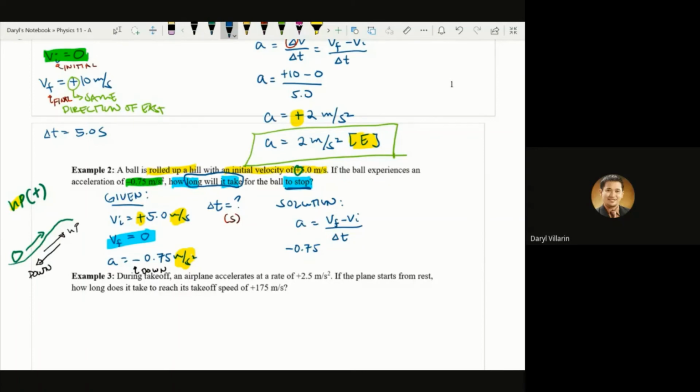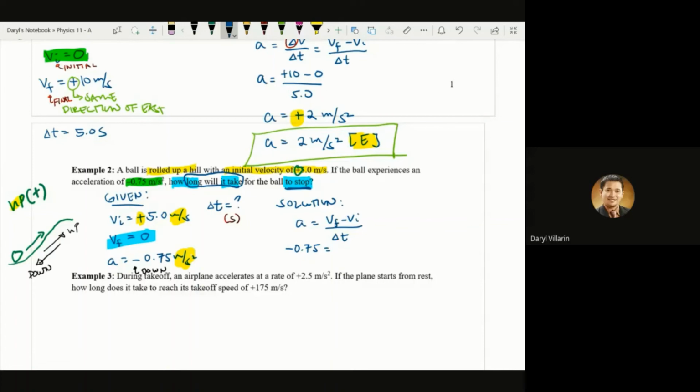So I can get away with not necessarily placing all the units here, because sometimes that confuses you with a lot of letters as well as numbers. Since acceleration is in meters per second squared and velocity is in meters per second, I should expect that when I solve for time, it automatically gives me seconds.